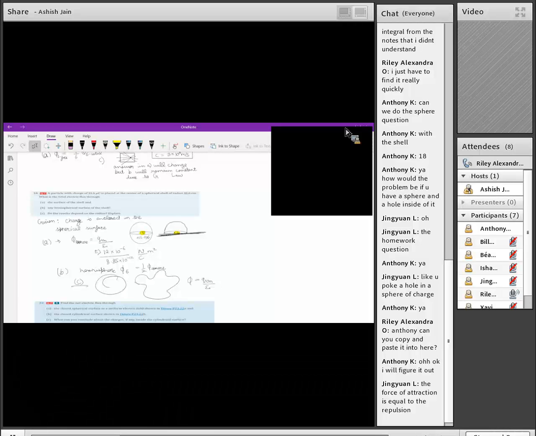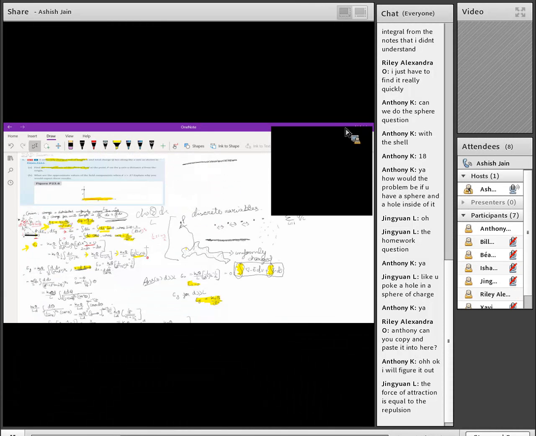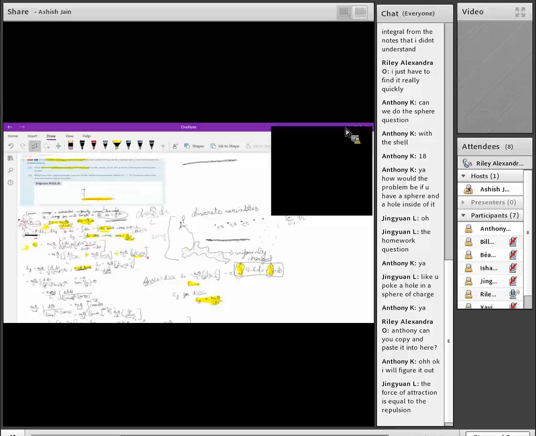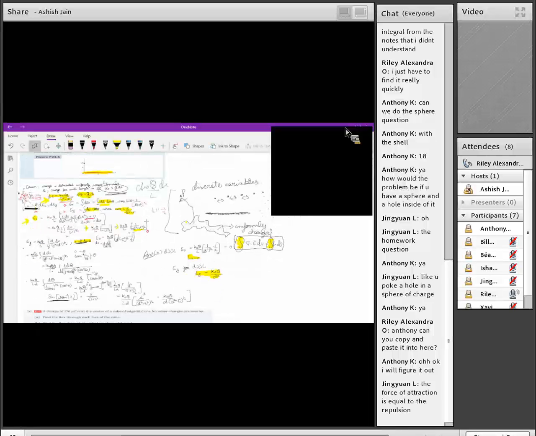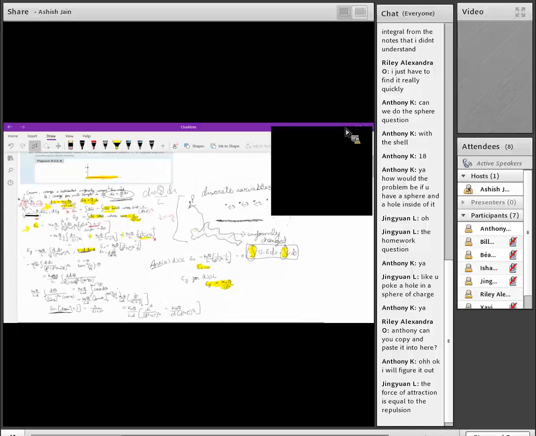So I found the integral that I was looking for. Do you have the slide decks? Do you have access to his notes that he submits to us? Yes. It's the electric field of a uniformly charged disk in 2D.